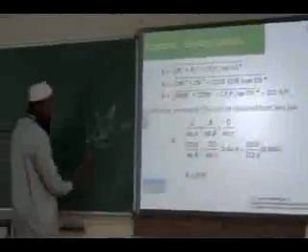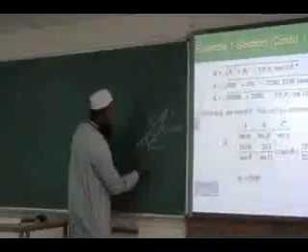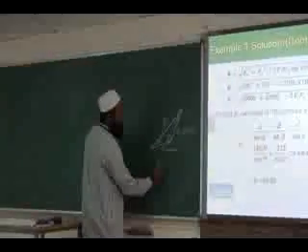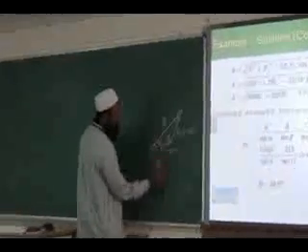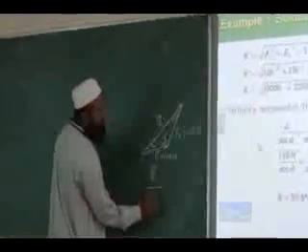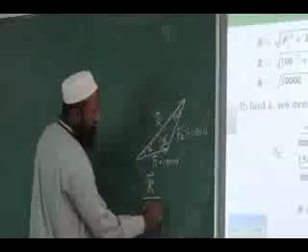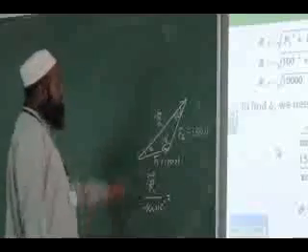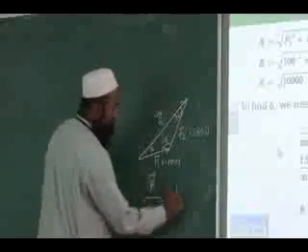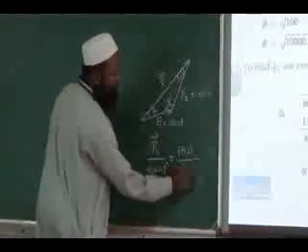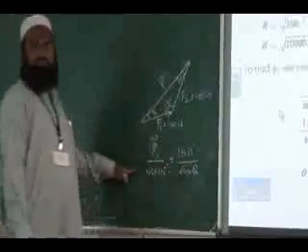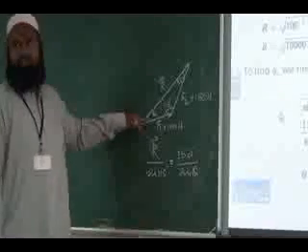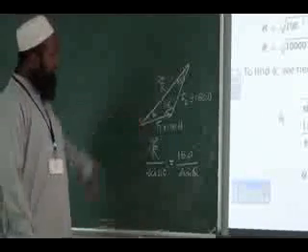So we use the sine law. The opposite angle is sine 115, which equals 150 divided by sine theta. First we find sine theta, then we have to find the other angle.